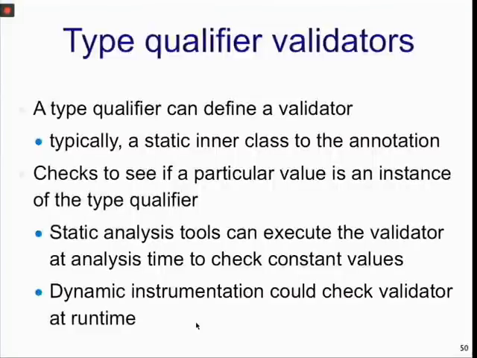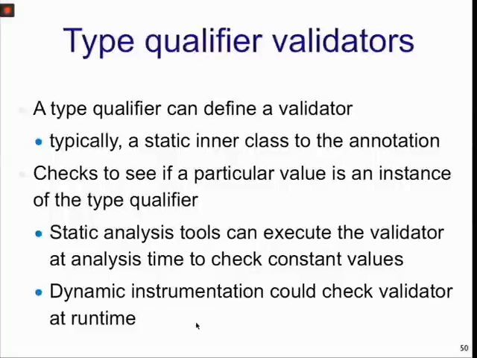At every place you had a method parameter declared as taking a slash class name, it would insert instrumentation to call the validator and check whether what is being passed to this parameter is indeed a slash class name. You could imagine a tool that would insert instrumentation to check whether all the method parameters declared as non-null were indeed non-null.